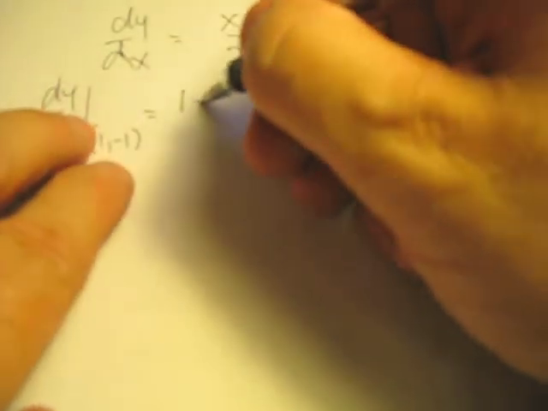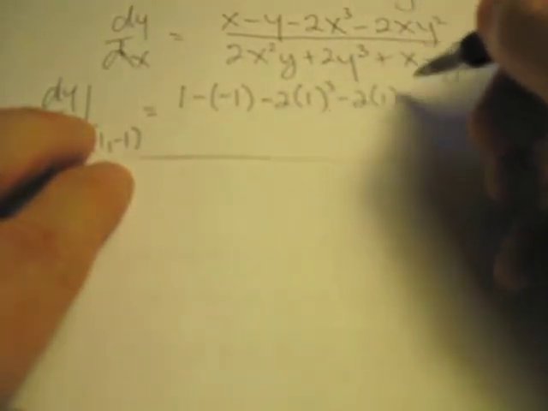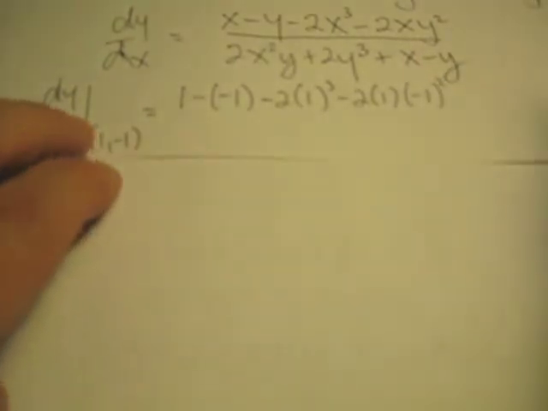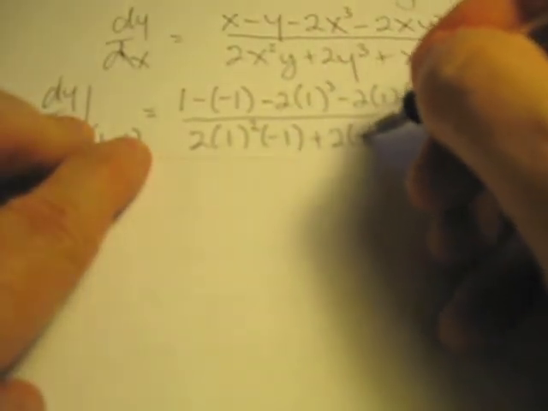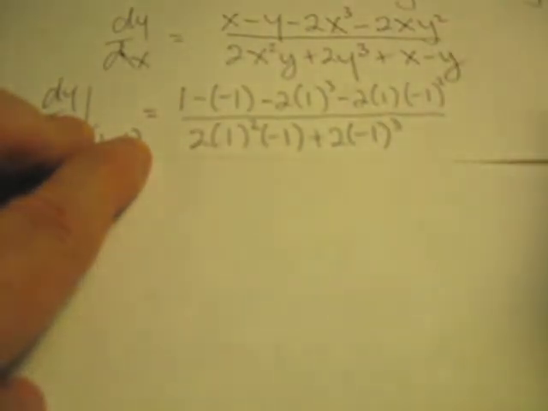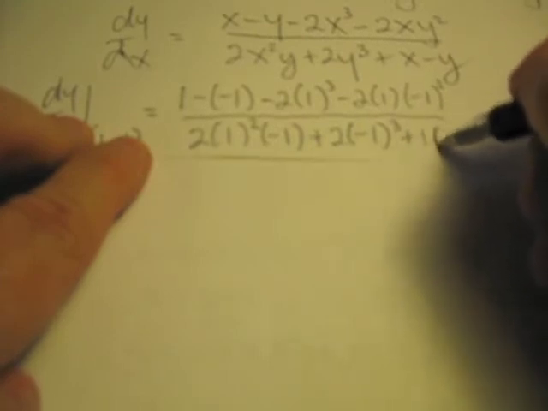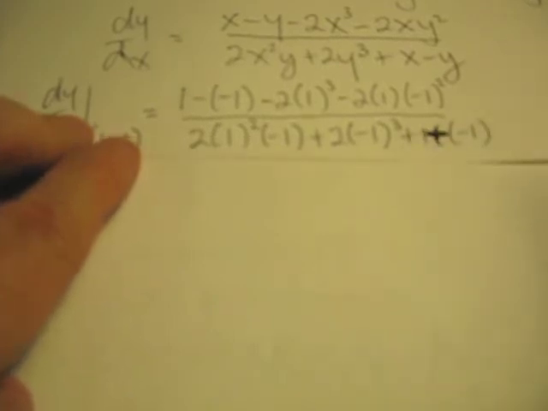So we end up with a 1 subtract a negative 1 minus 2 by a 1 cubed minus 2 by a 1 by a negative 1 squared, all over 2 by 1 squared by negative 1 plus 2 by negative 1 cubed, and we're going to have plus 1, or rather subtract a negative 1.